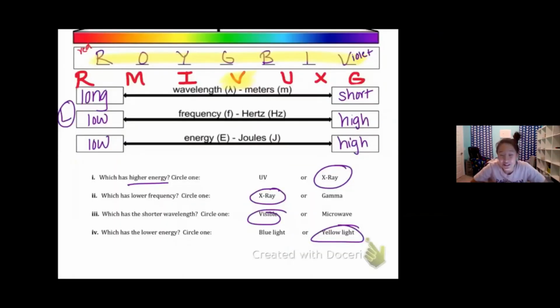Okay, so hopefully you got this right. The most tricky one was probably this bottom one because you're looking at your colors. But Roy G. Biv, right, is in the same order as your radio to gamma rays, okay? So think about I is infrared. So the color red is next to infrared. And then the V for violet should be next to ultraviolet, right?